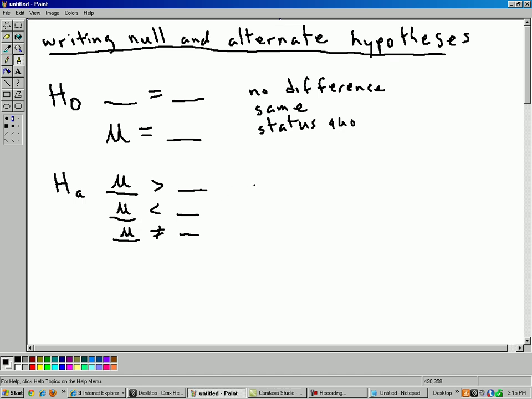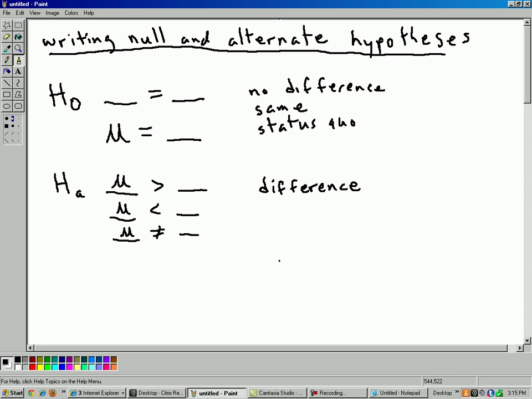So think of the alternate as there's a difference of some kind. Maybe the income levels have increased, or the cholesterol levels of the experimental group has decreased, or things like that. And that's why we have the not equal to or the greater than less than, because there's a difference between two things.